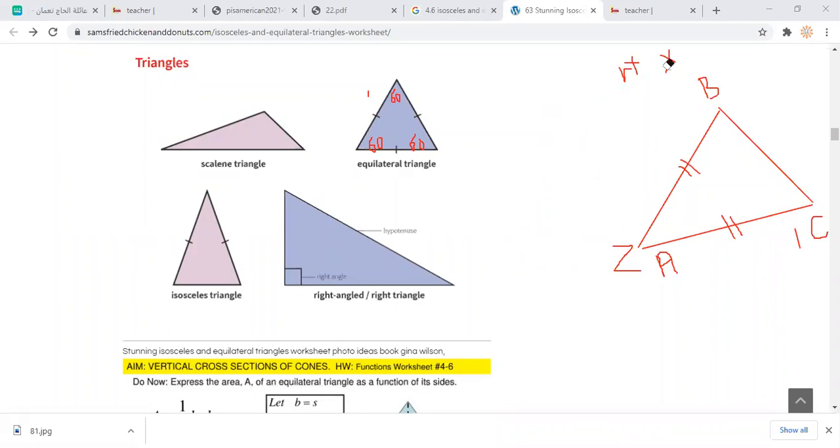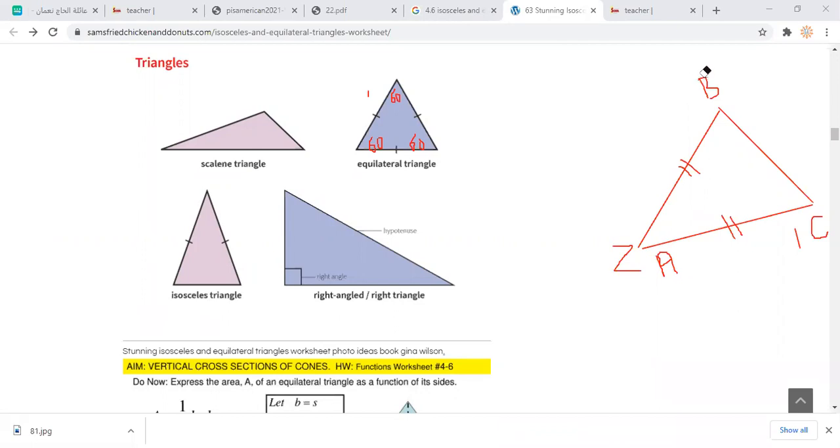Yes, so once we have two sides equal in length, the base angles should be equal in measure. Salma, could you please tell me again? When we are talking about an isosceles triangle, what do you know about it, Salma?